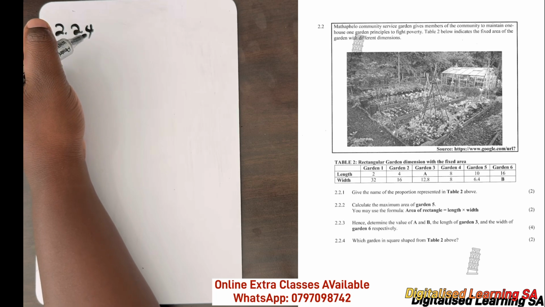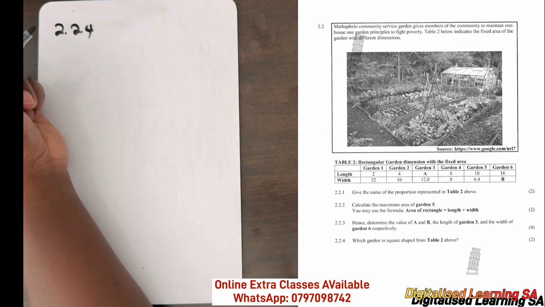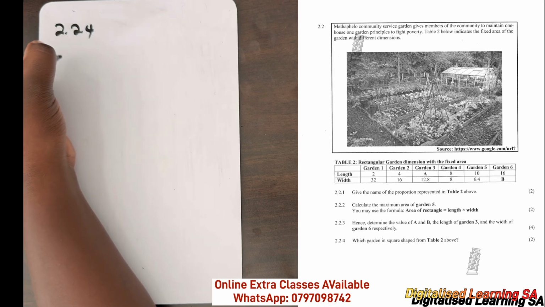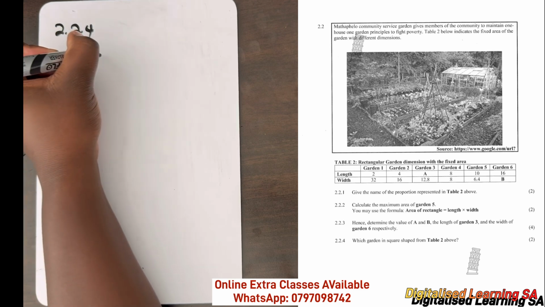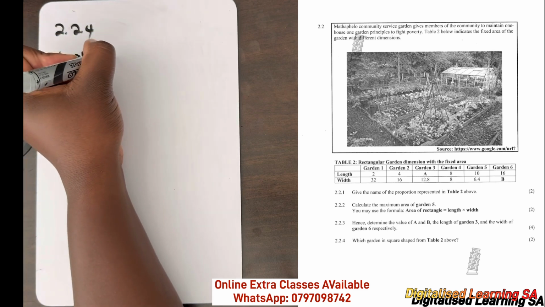Question 2.2.4 says: which garden is square shaped from table 2 above. Square shaped means that our length and our width need to be equal.